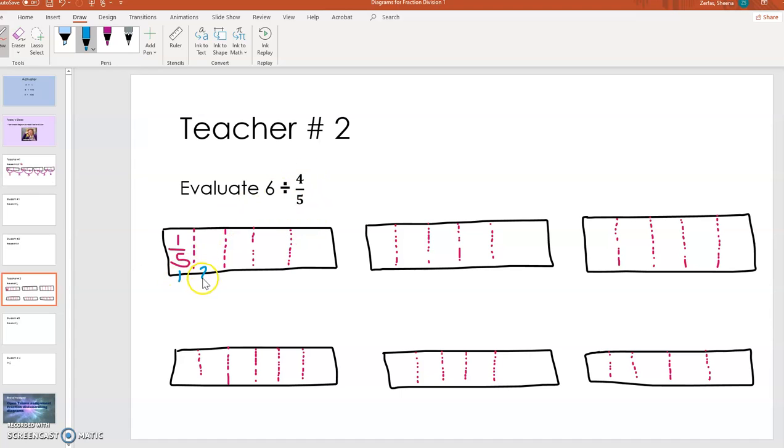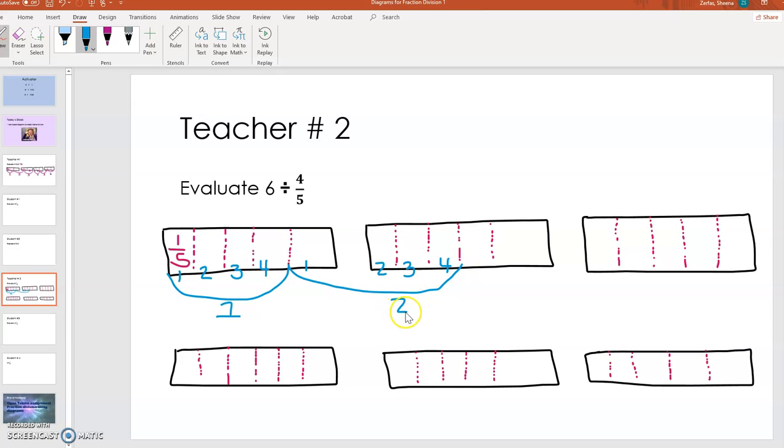So 1/5, 2/5, 3/5, 4/5. I'm using this bracket to help me keep track of what group number I'm on. Again, this is 1/5, 2/5, 3/5, 4/5.